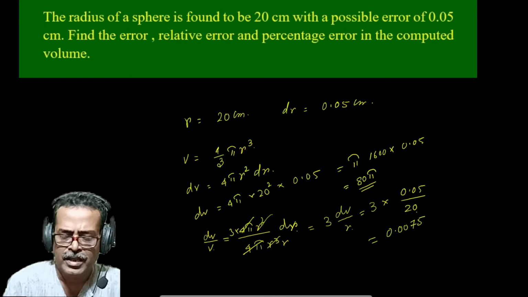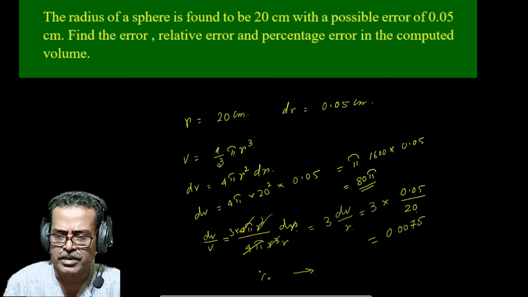That gives 0.0075, and percentage error, which is into 100, so it is 0.75.